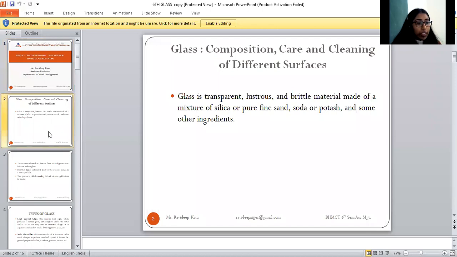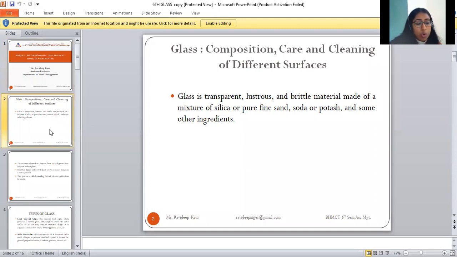Glass is a transparent, lustrous, and brittle material made of a mixture of silica or pure fine sand, soda or potash, and some other ingredients.